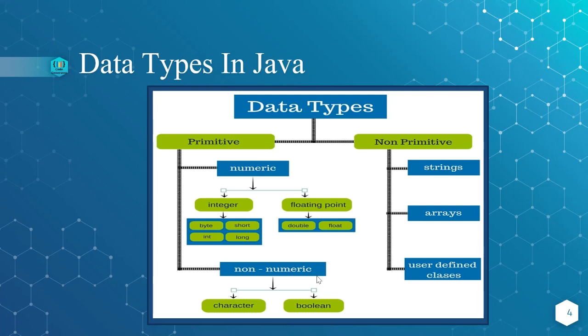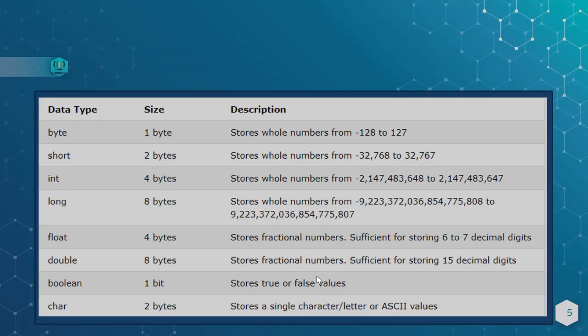Integer has byte, short, int, long. Floating point has double, float. And the second one is non-numeric. Non-numeric can be character or a boolean. Whereas non-primitive has three, that is string, arrays, or user-defined classes.